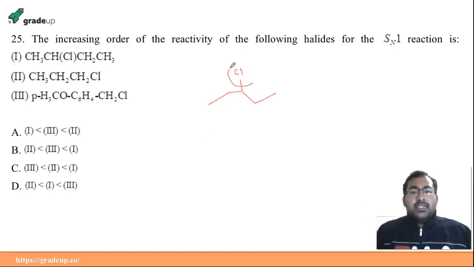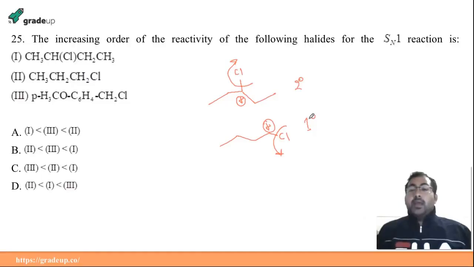Right, so in this, when CHCl leaves, you get a carbocation here. This is a second degree carbocation, which is fairly stable. But in case of the compound 1 2 3, and then you get a Cl, when this Cl leaves, you get a carbocation here, which is a primary carbocation, less stable than the secondary carbocation.